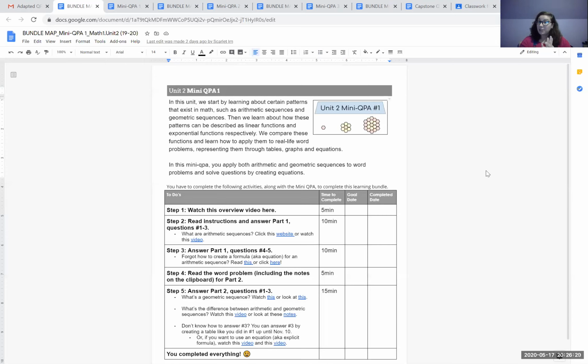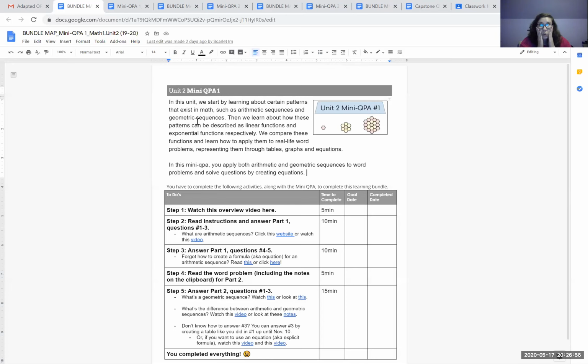So those patterns create those sequences that relate to functions. One relates to linear, one relates to exponential. And as you see here, linear ties in with arithmetic, and then geometric ties with exponential.